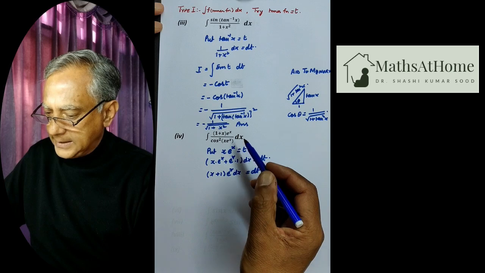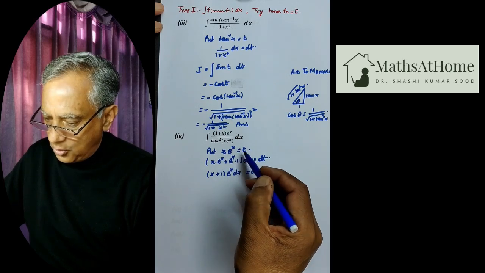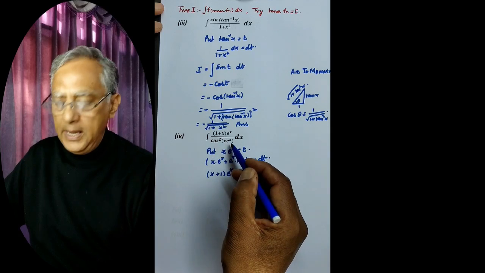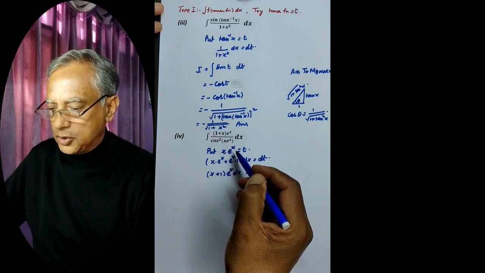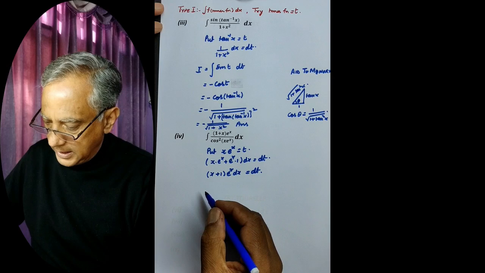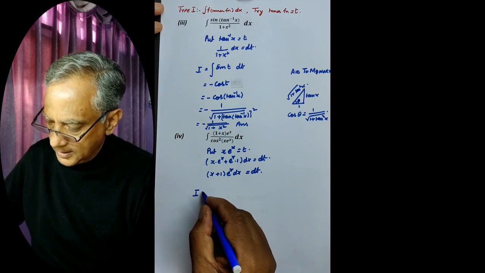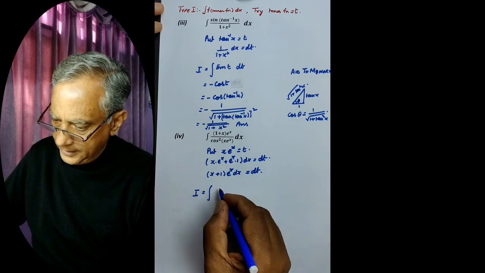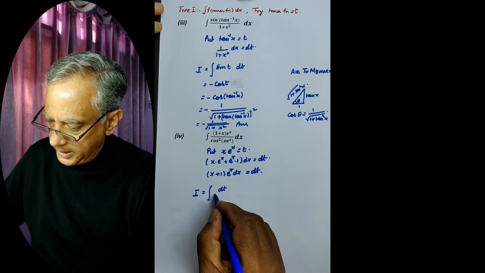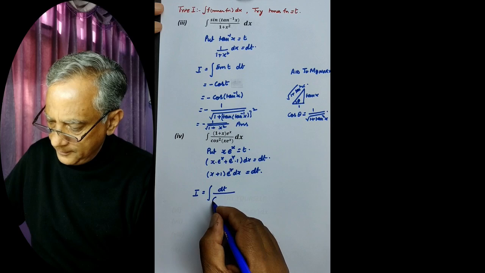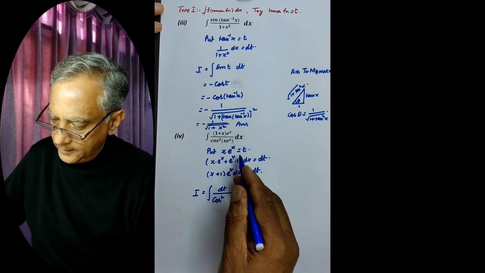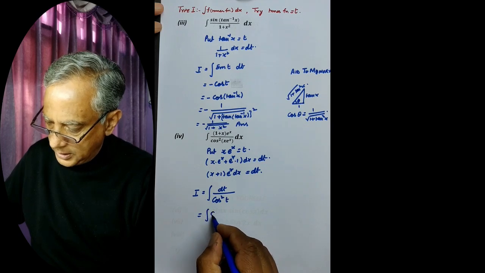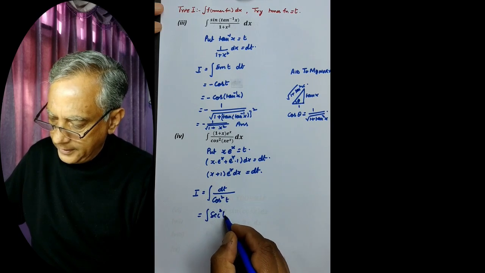If we put x e^x equal to t, this will go in simplification, and rest of the question is easily expressed in terms of the new variable. So this substitution will work, and we can write I as this. This is dt whole divided by cos square t, and this can be written as integral secant square t dt.